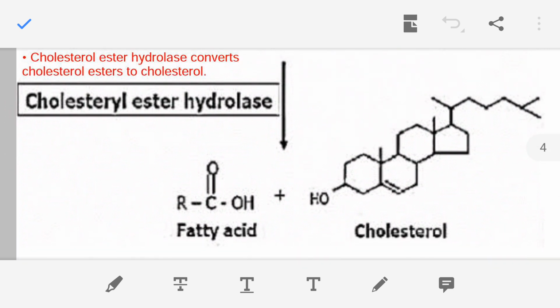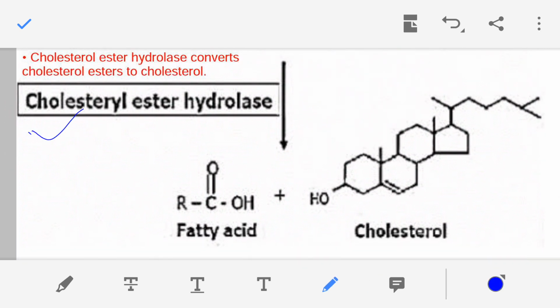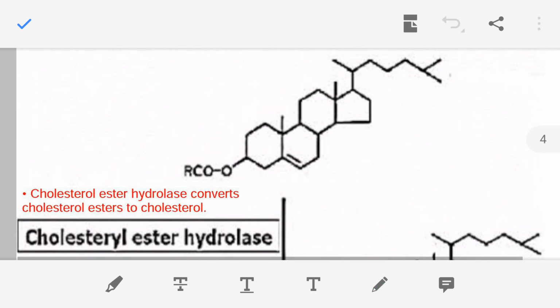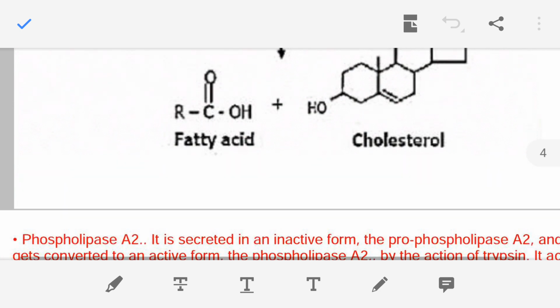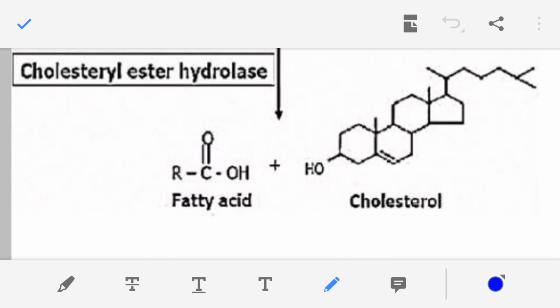So we can say that cholesterol ester hydrolase enzyme acts upon cholesterol ester, and it converts cholesterol ester into cholesterol and fatty acid.